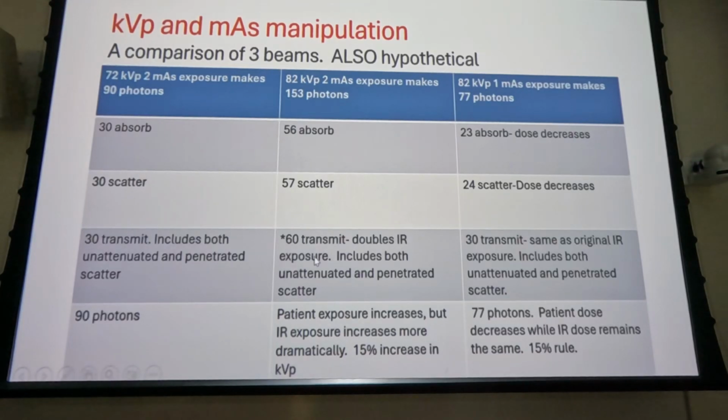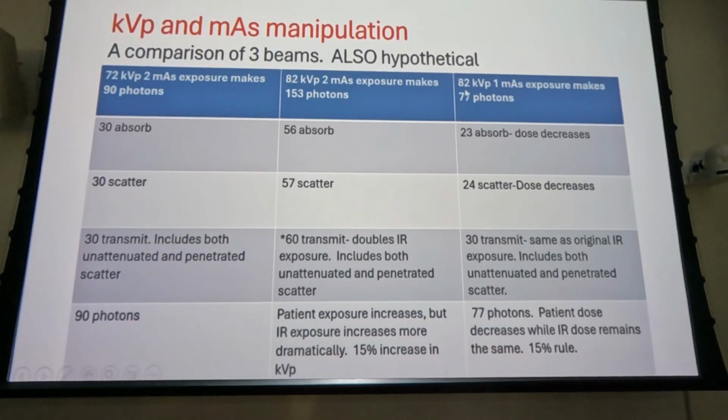Notice the transmission is double, so we get double the image receptor exposure. What you did not see is a doubling of the absorption, nor a doubling of the scatter radiation. So what do we say happens to scatter radiation when we increase kVp? Scatter increases, right.